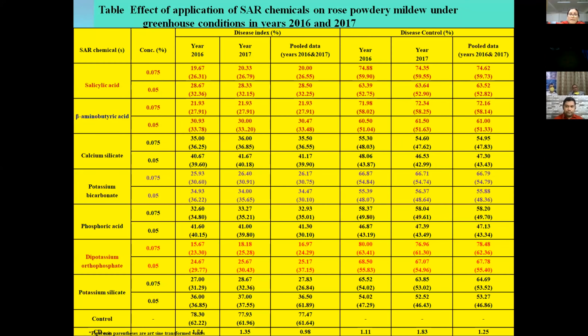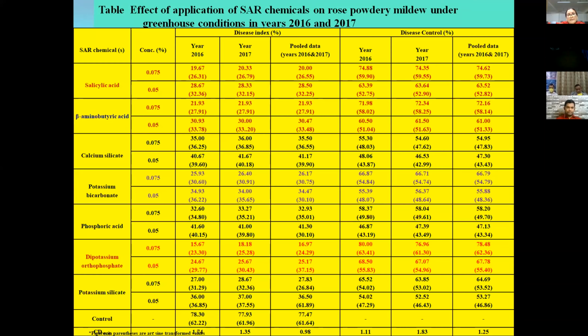Now, the SAR chemicals, which we have chosen at 2 different doses. Salicylic acid we wanted to compare, because we have seen 82 to 85% reduction in this disease level overall. But in SAR chemicals, we have seen that 78% reduction was observed with dipotassium orthophosphate, which was best at the higher dose, 0.75, as well as the lower dose, at around 74% infection reduction, with the minimum disease level.